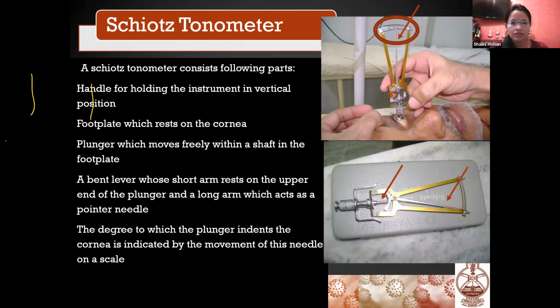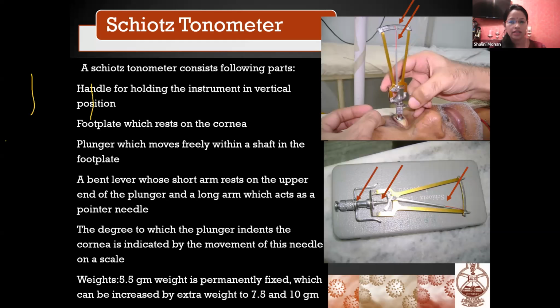We can see this lever, and this is the measuring scale on which it projects. The degree to which the plunger indents the cornea is indicated by the movement of the lever. And then there are multiple weights. 5.5 gram is already there. We have extra weights of 7.5 and 10 grams.